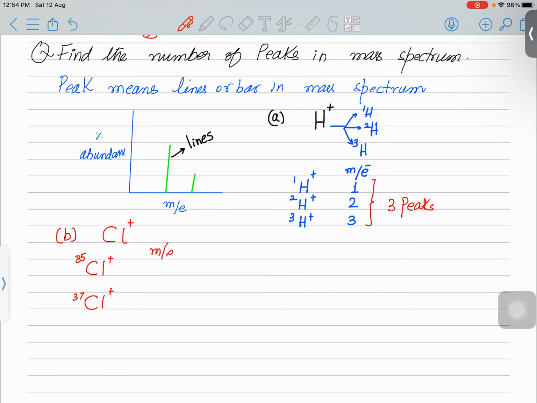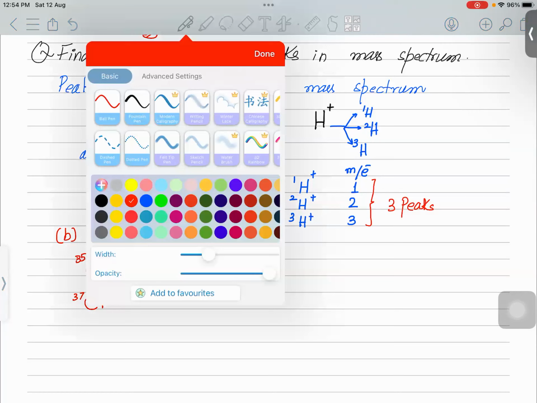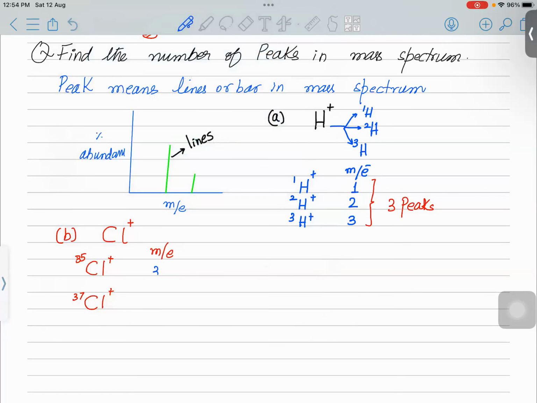So mass over charge ratio 35 and 37, so it has 2 peaks.